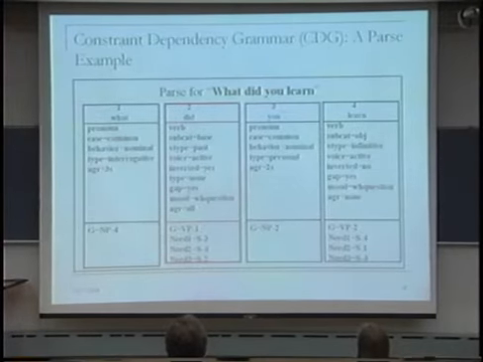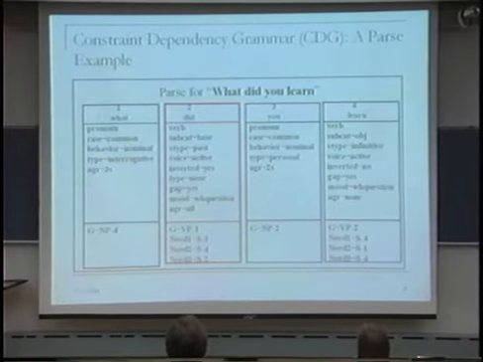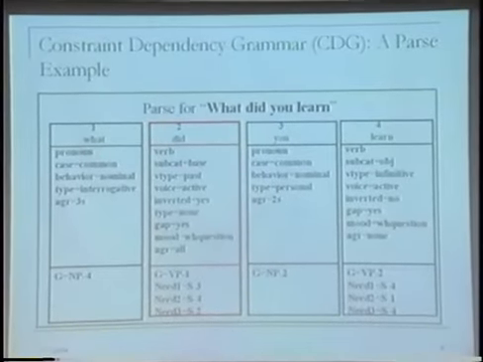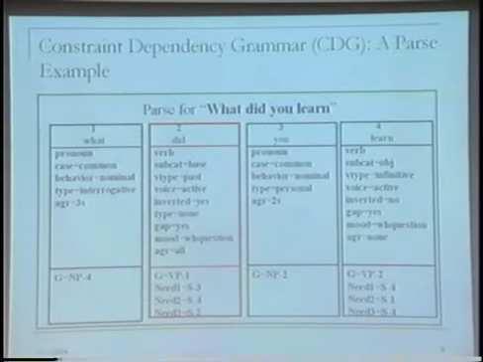So here is an example, and we're going to focus on the word did. This is "what did you learn?" There are four positions. What is position one, did is position two, and so on. Each word has a lexical category. In the case of did, it's verb, and a set of features. Each word has a distinct set of features, one feature per feature category. For example, did has the subcategorization of base. A base form is expecting an infinitive verb, and that tells you an awful lot about what to expect.